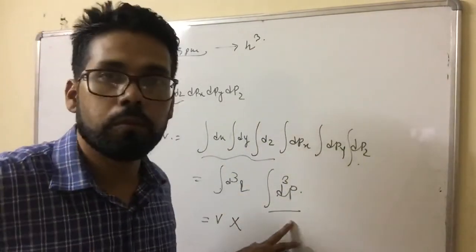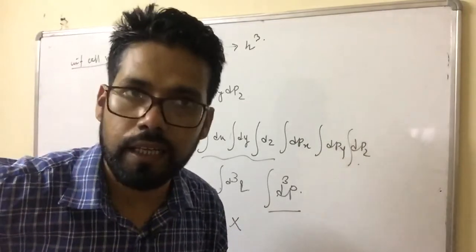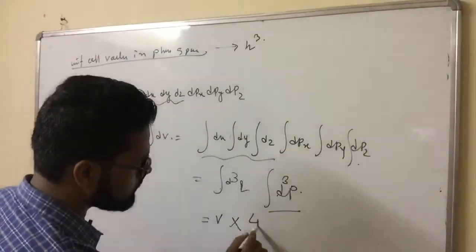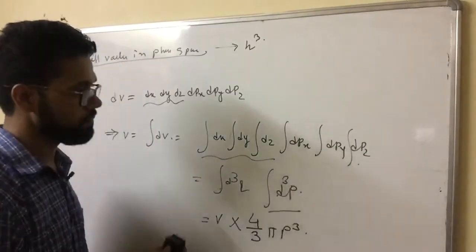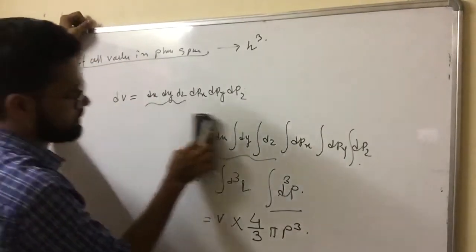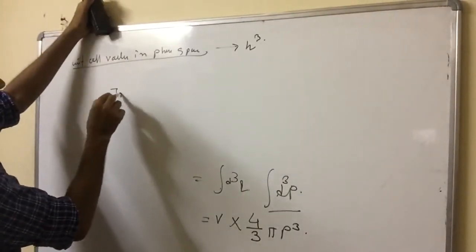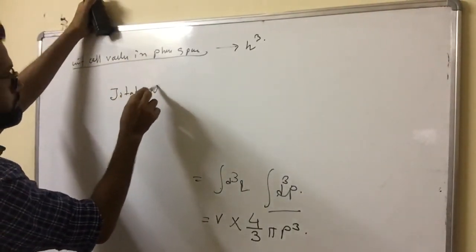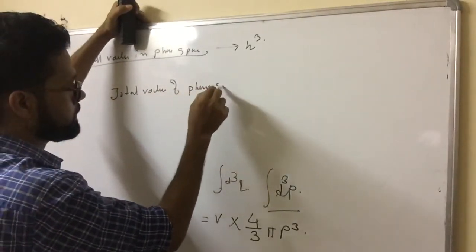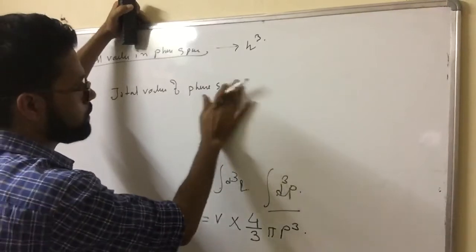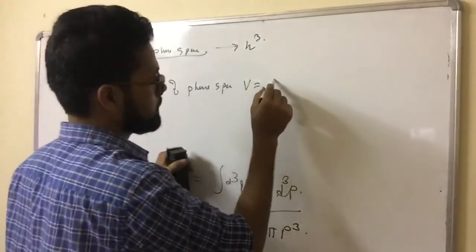Now a question: what is the volume of momentum? This is momentum space. Momentum space is always considered as a sphere. So that is why we always write momentum volume as 4 pi by 3 P cube. Clear? Now the total volume of phase space is represented by V. This is the total volume.